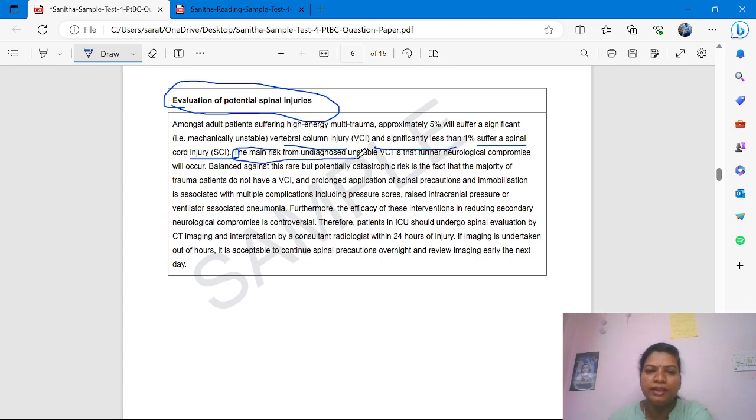The main risk from an undiagnosed unstable VCI, what is the main risk?